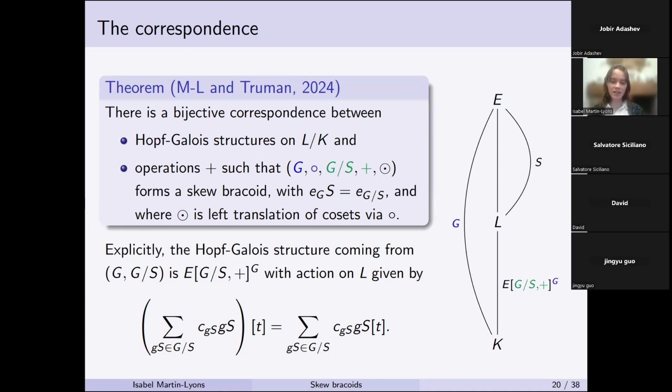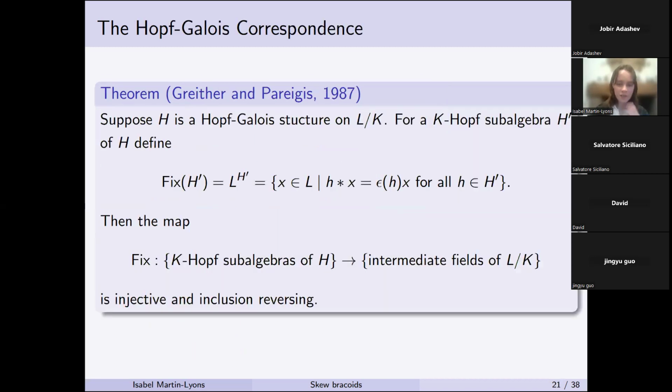And the additive group on this coset shows up as the so-called type of the Hopf-Galois structure, and is of course related to the Galois group of E down to L. Okay. So one of the central questions of Hopf-Galois theory, and one of the questions we hope to tackle with skew bracoids, so we haven't quite got there yet, is that of the Hopf-Galois correspondence.